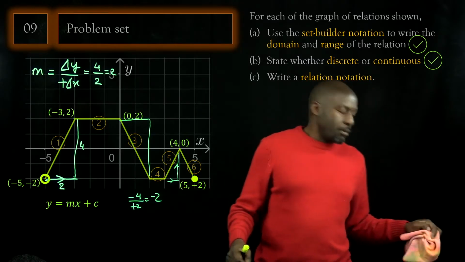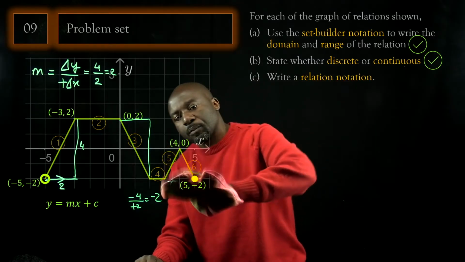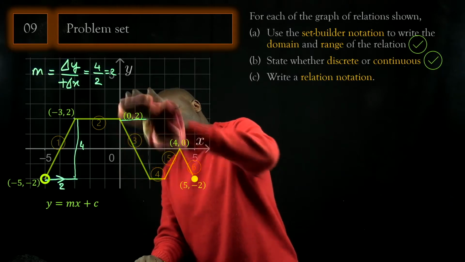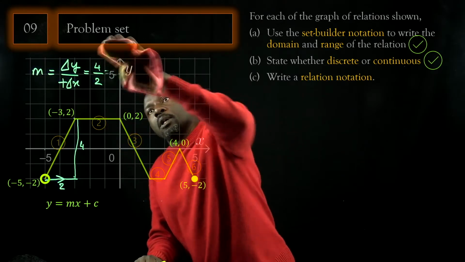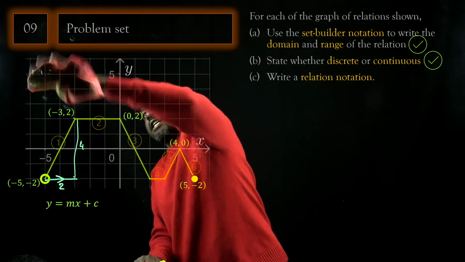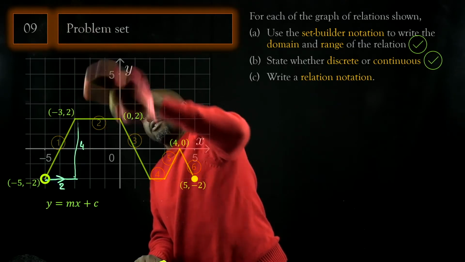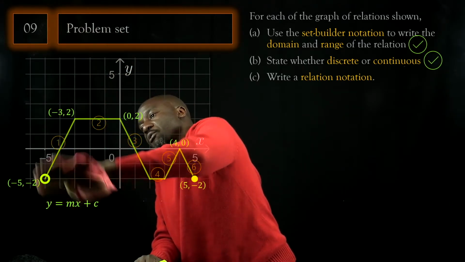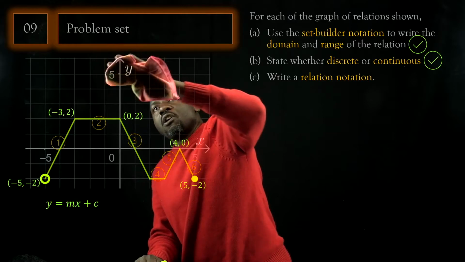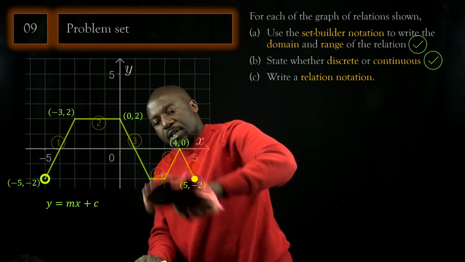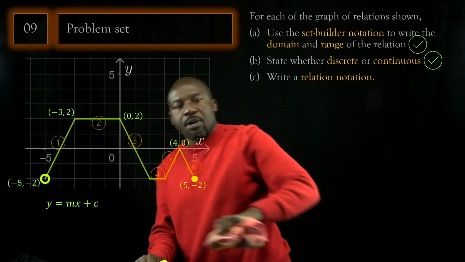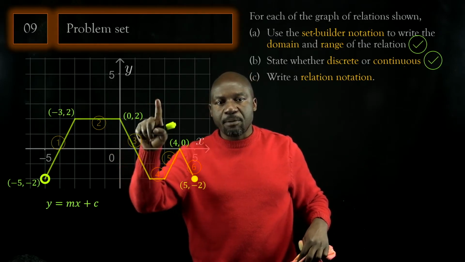Okay, so using those ideas, just reminding you how to find the gradient. If you can't remember to do it like this, or if we did not have grid lines. Here we have grid lines, so we can find the gradient by doing that.